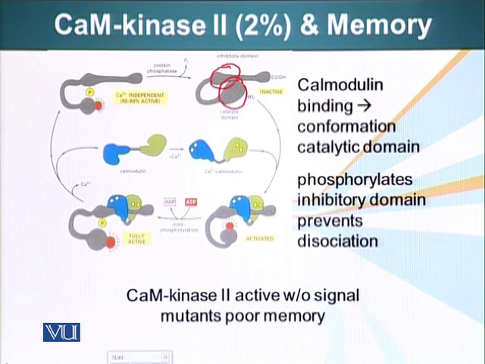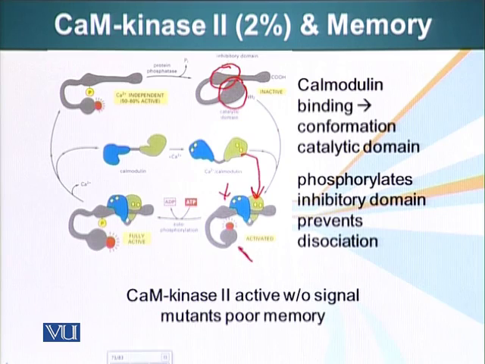So when calmodulin becomes activated, it binds 4 calcium ions, and subsequently it binds the CAM2 kinase. When it binds CAM2 kinase, the kinase has a conformational change. It releases the inhibitory domain of this molecule, releases the catalytic domain.